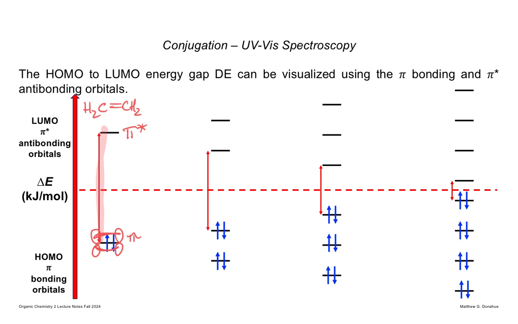But then as we start adding double bonds, so now this next molecule is the butadiene. There's 4 p orbitals, so we have to have 2 bonding, 2 anti-bonding. Now that gap is getting smaller.